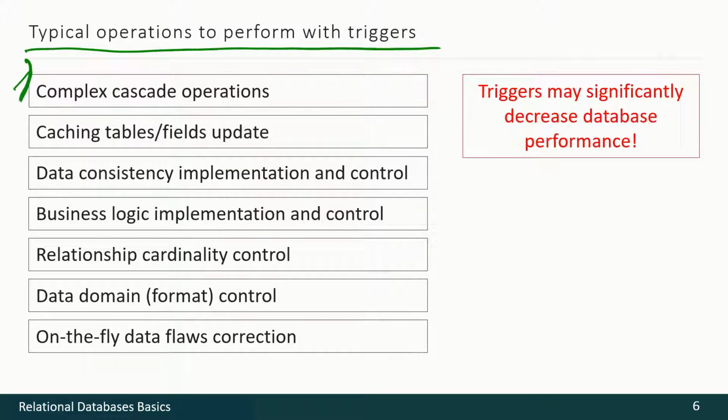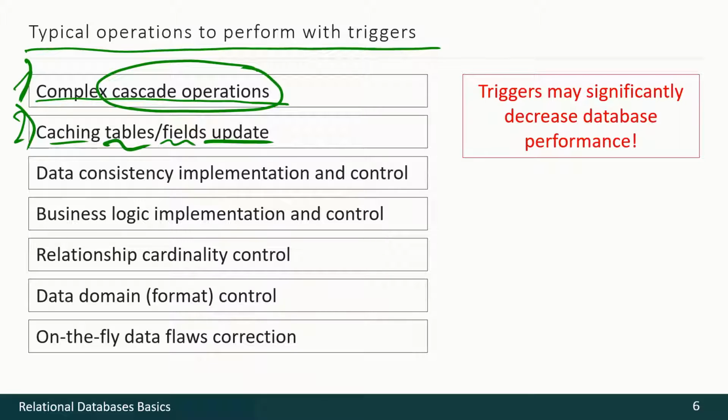The first is complex cascade operations. For some reasons, maybe in some situations, your DBMS is not capable of performing some complex algorithm for your cascade operation, and you may implement that yourself with a trigger. Of course, you may use triggers to update caching tables or fields, because you may associate your trigger with some data modification operation, and once the data is modified in some table, you may update the data in some other table.